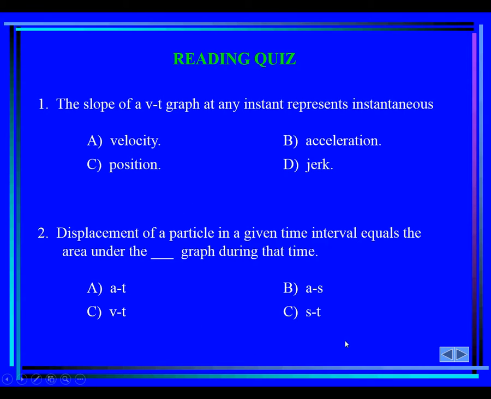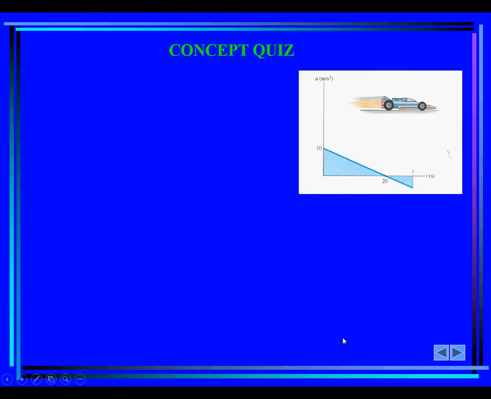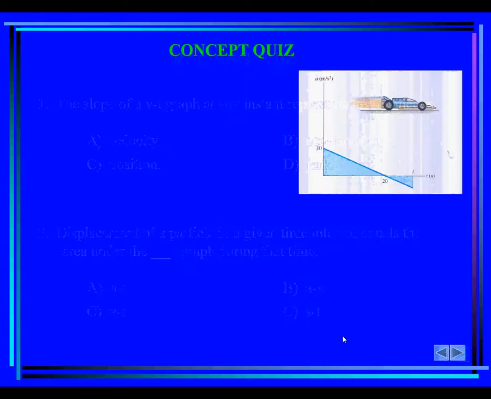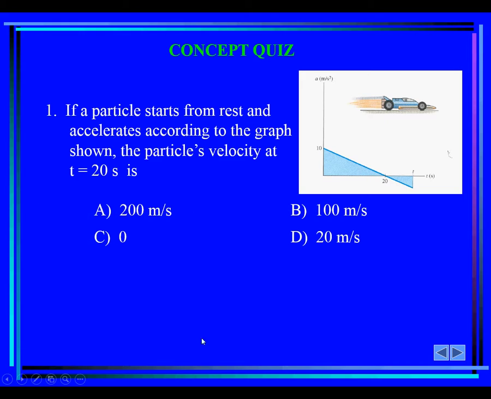Okay, well, let's see. If a particle starts from rest and accelerates according to this graph, what is the particle's velocity at t equals 20 seconds?